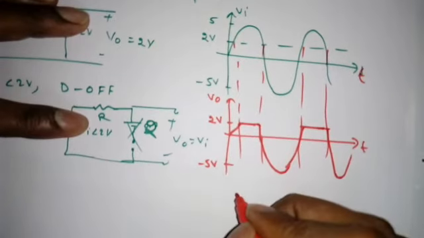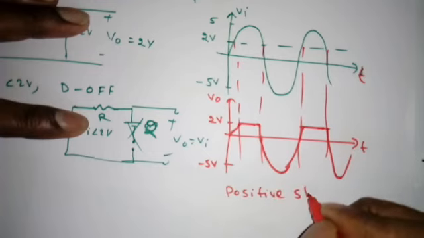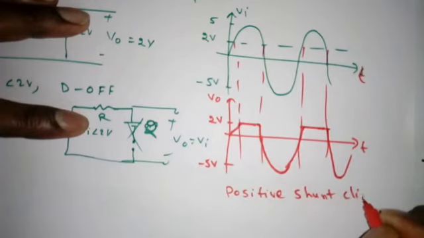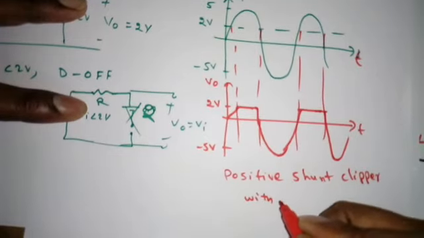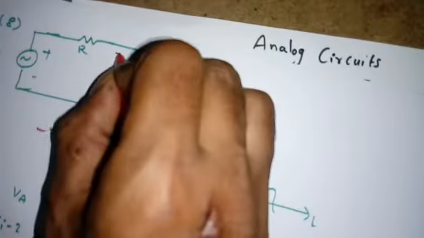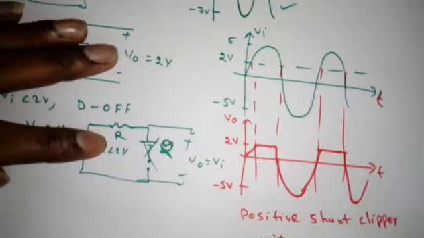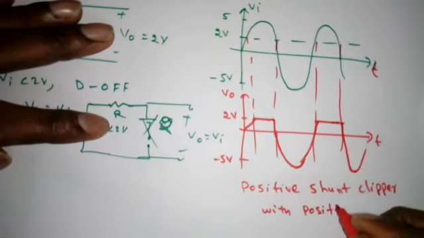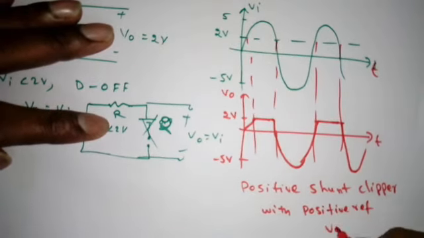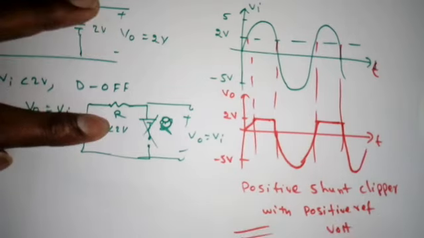So what is the clipping circuit name? Again it is a positive shunt clipper with bias, or positive shunt clipper with a positive reference voltage. This is the V reference, right? So this is the circuit.